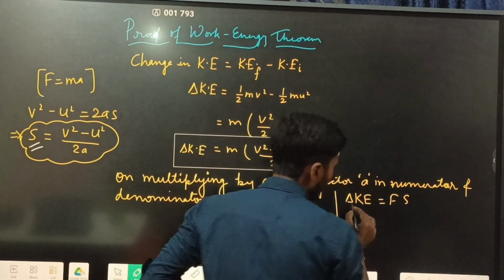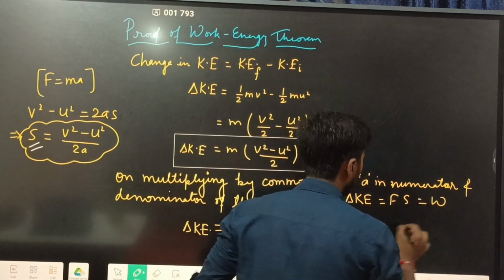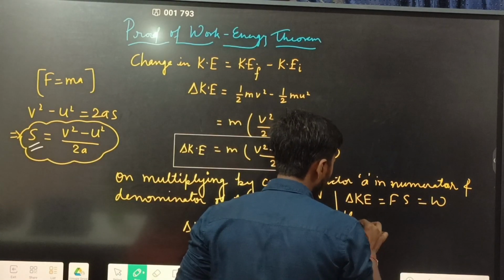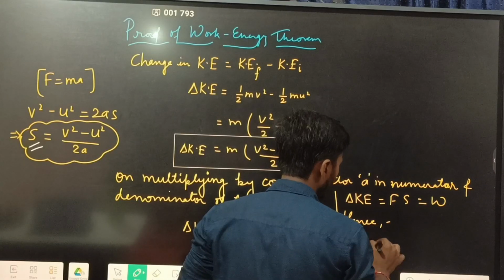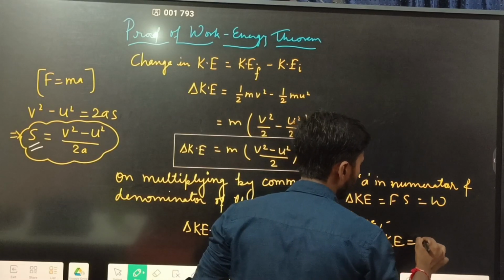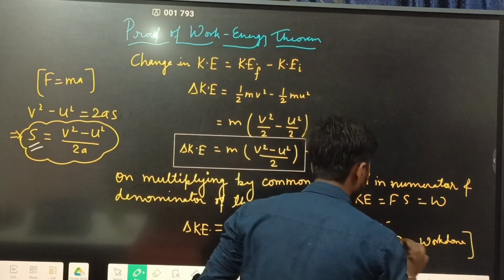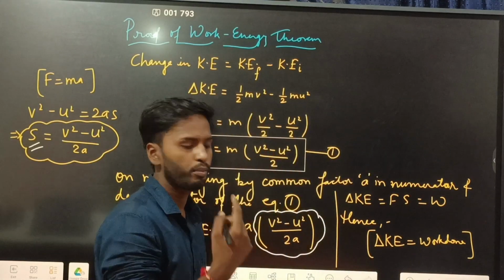So finally what we get, delta KE is equal to Fs, means W. So hence delta KE is equal to work done, which we have studied from the beginning.